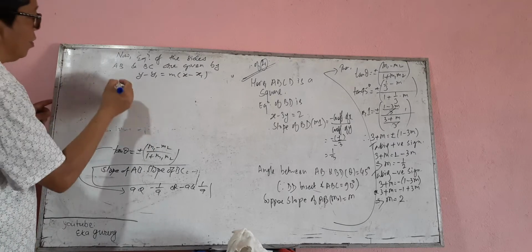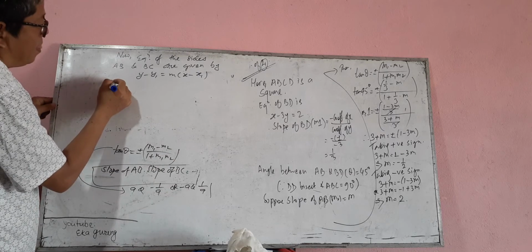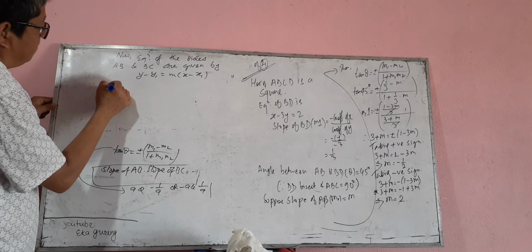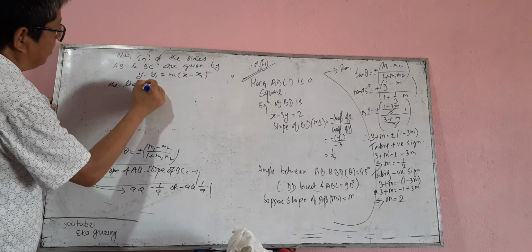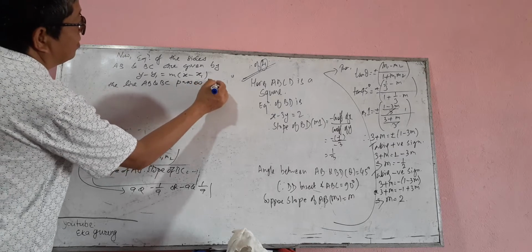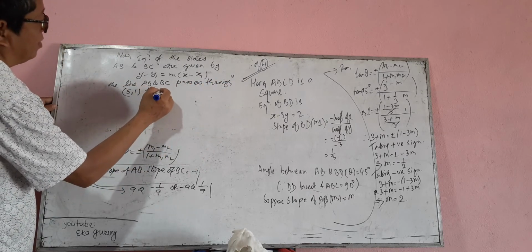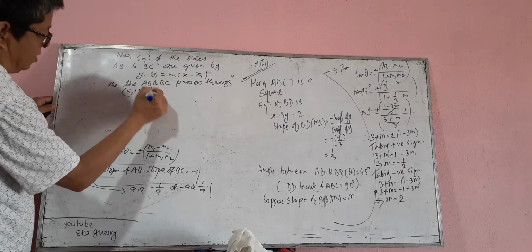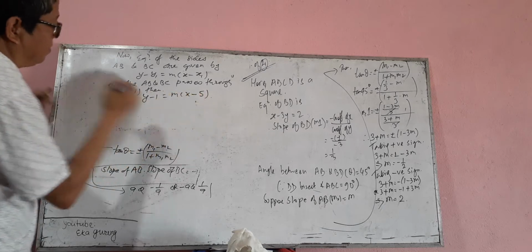Okay, so the lines AB and BC pass through (5, 1). Then we get y minus 1 equal to m times (x minus 5).